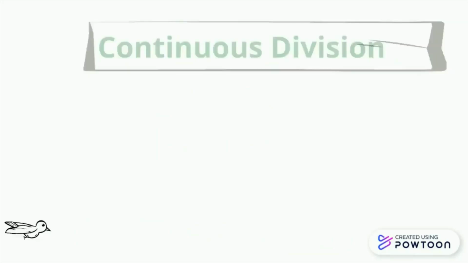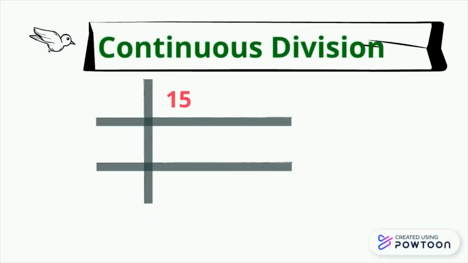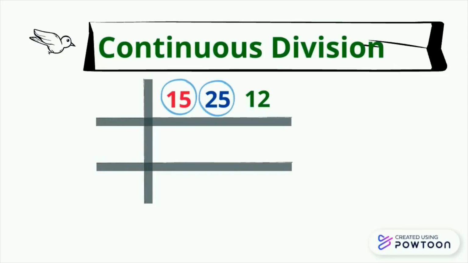Let us check this one. In 15, 25, and 12, there is no common factor or divisor. You can choose 15 and 25 with a common divisor of 5.